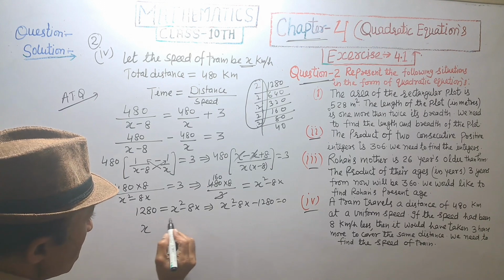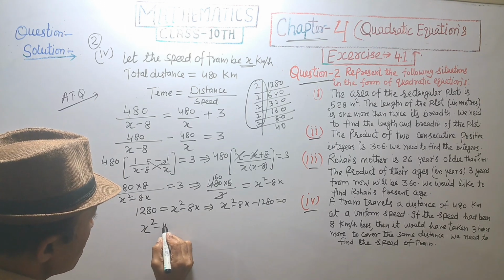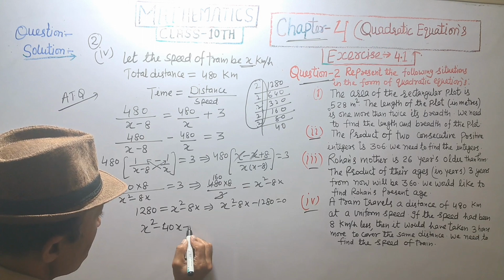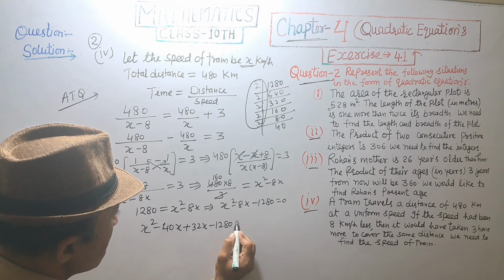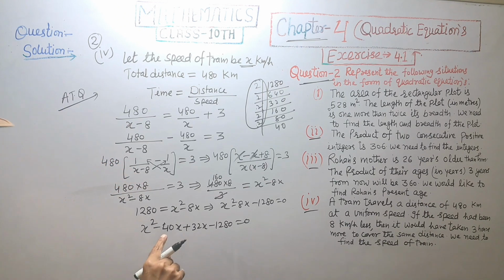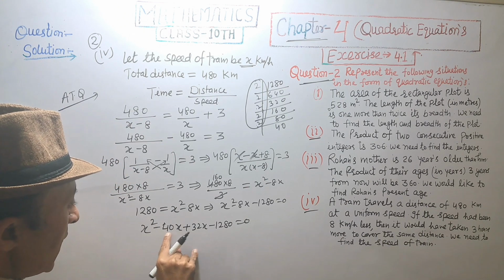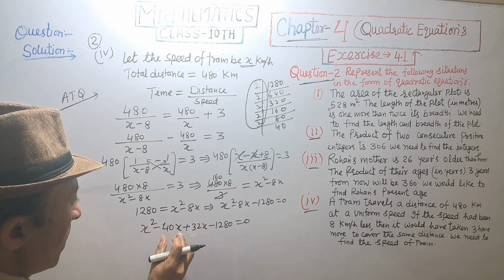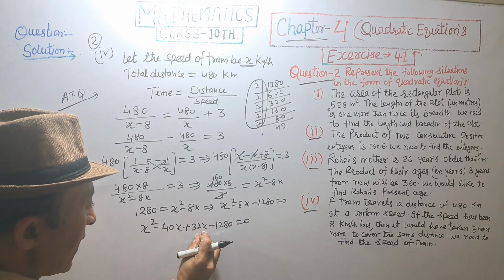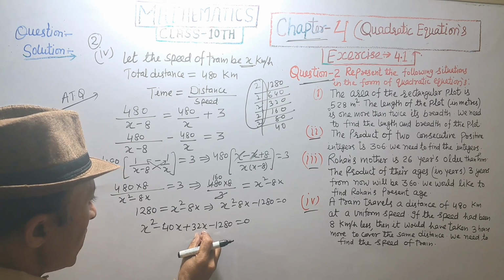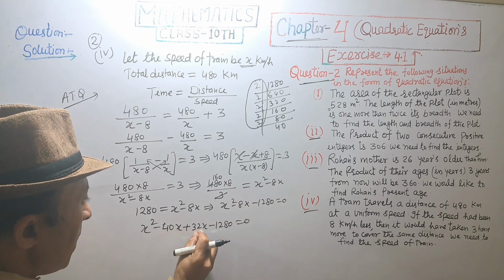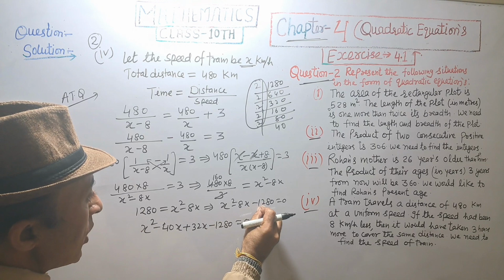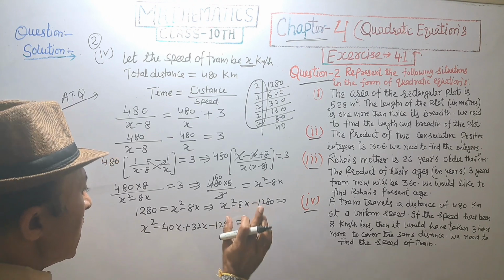By factorization, splitting the middle term: x square minus 40x plus 32x minus 1280 equal to 0. Minus 40x plus 32x, when we subtract 40 and 32, we get minus 8x, and 40 multiplied by 32 is 1280.